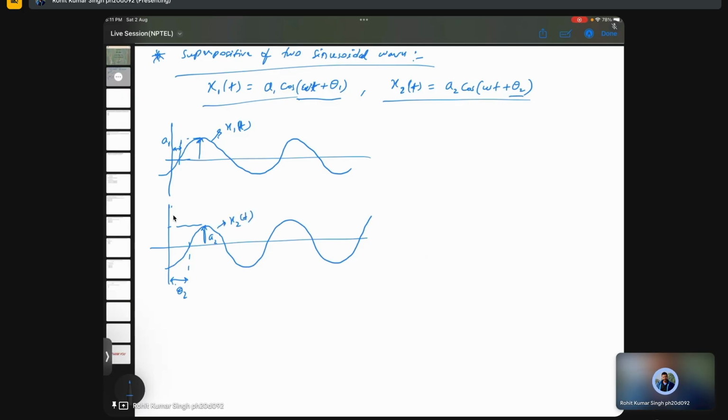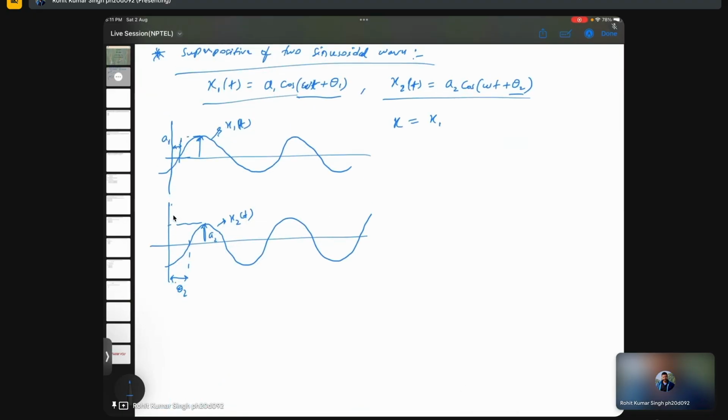Now what happens when we superpose them? Waves are disturbances, as we studied last time, whose magnitude is given by this x. When you do superposition, you just add up the disturbances.